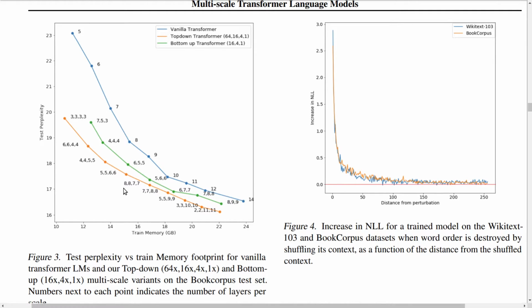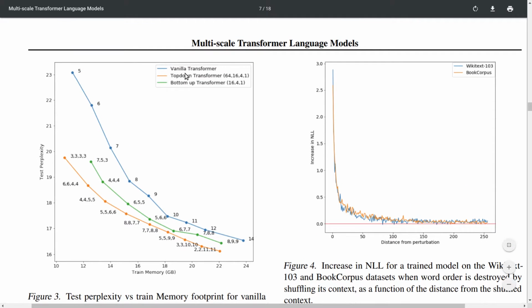We have a lot of different models from 10 gigabytes to 24 gigabytes, and we have three architectures. We have the vanilla transformer model with different number of layers from 5 to 14. This is a GPT-2-like model as far as I'm aware. And then we have our top-down and bottom-up transformer models with different architecture variants and different memory footprints.